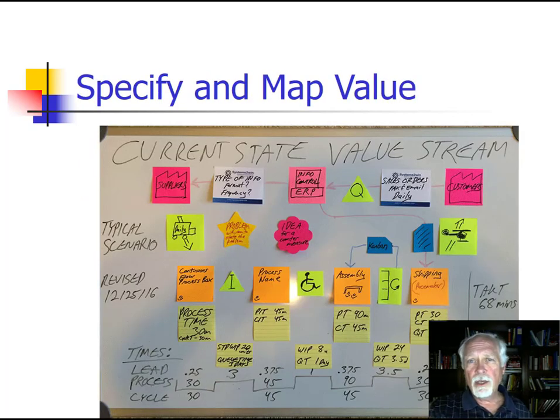One tool that we use quite often in lean is the value stream map. Value analysis and value definition, value specification, and then finally mapping the value.